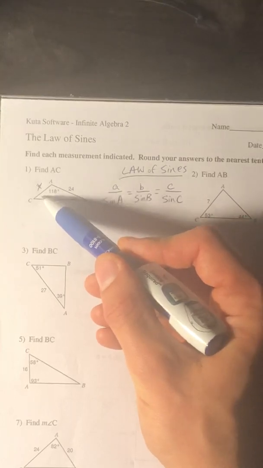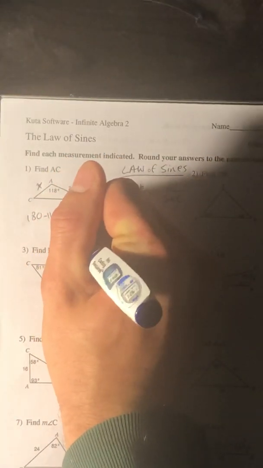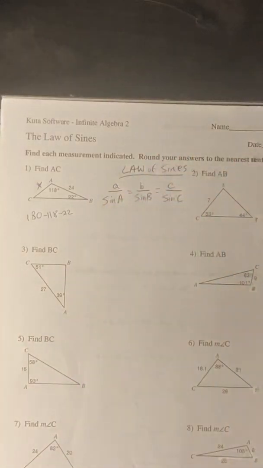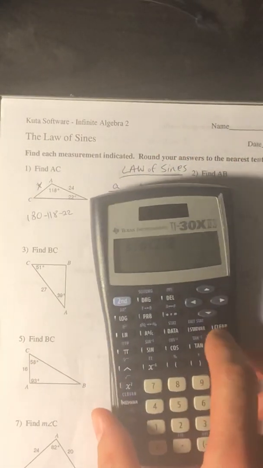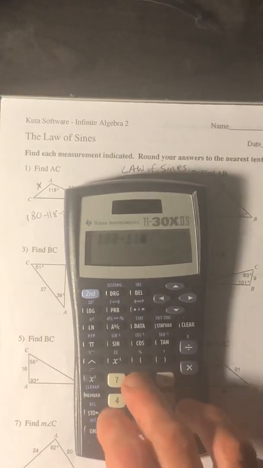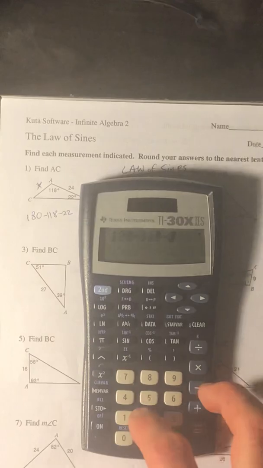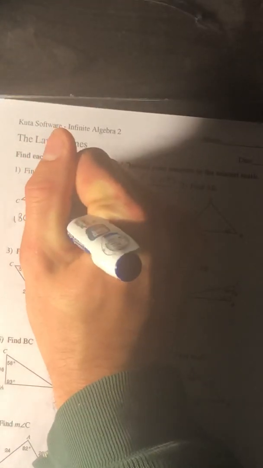So I'm going to need to find this angle, and luckily I know how to do that. There's 180 degrees in a triangle minus the other two angles. And so 180 minus 118 minus 22 is equal to 40. So this is 40 right here.